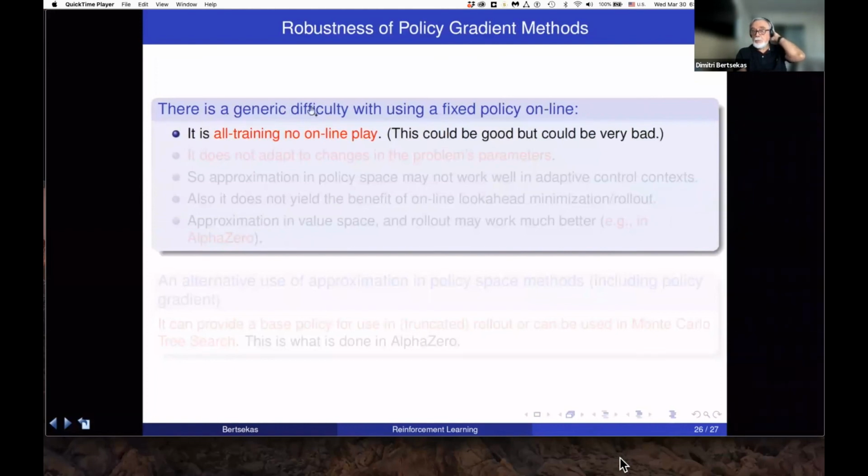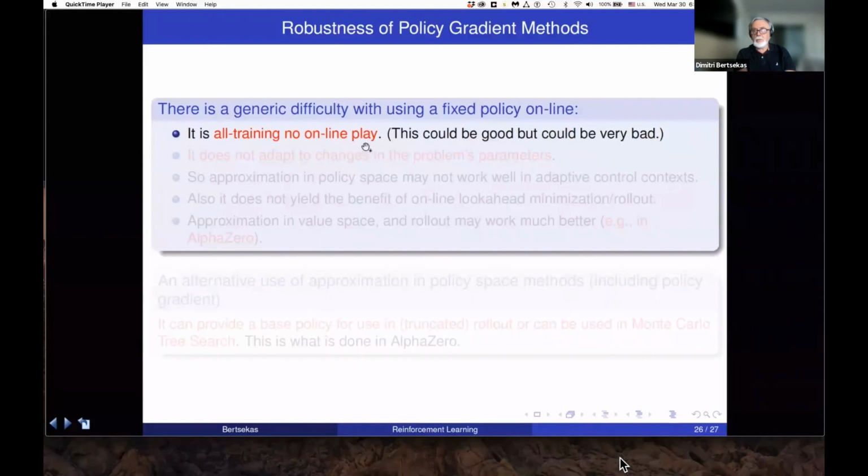But there's a general difficulty with obtaining a policy through offline training and then trying it online on your system. This is the kind of methodology that's all training and no play. All your work is done in training, and then you use what you have obtained online. You have this policy, you observe the state, you apply the corresponding control instantly.